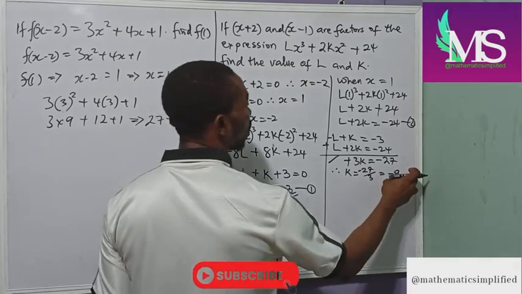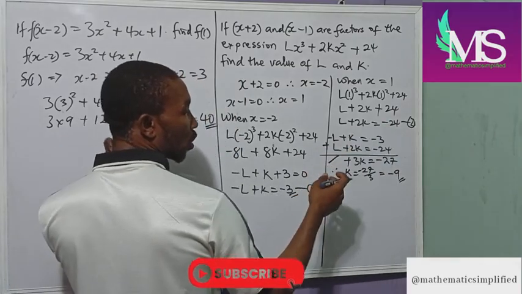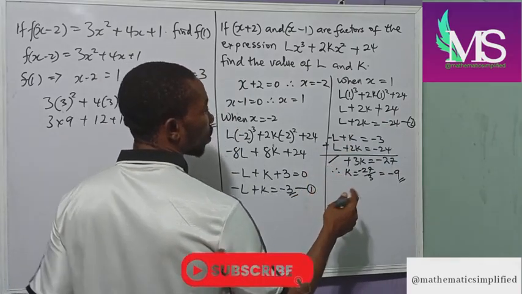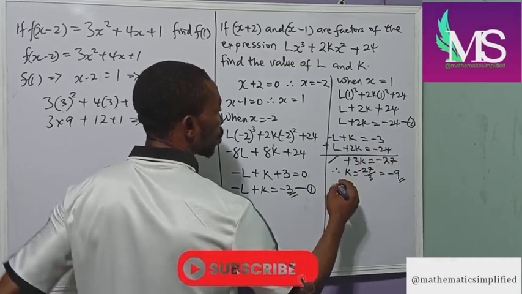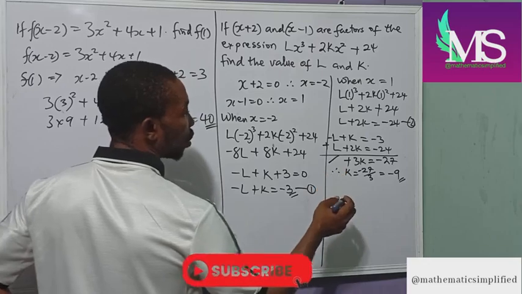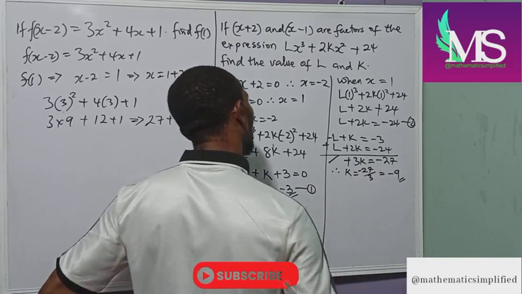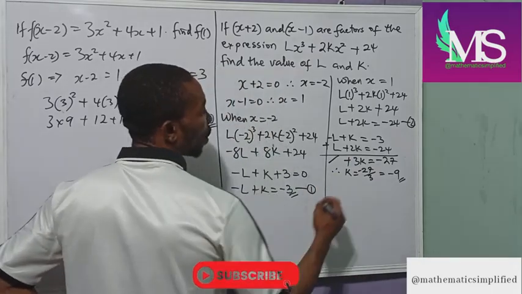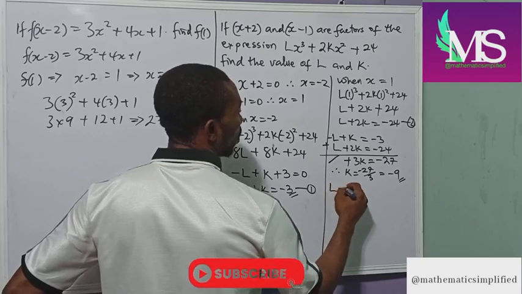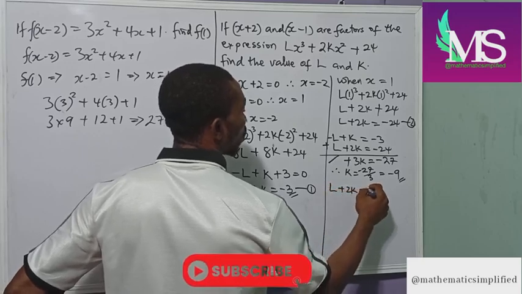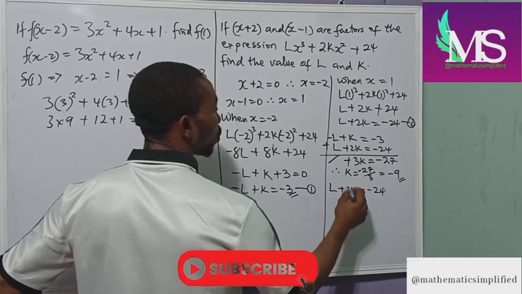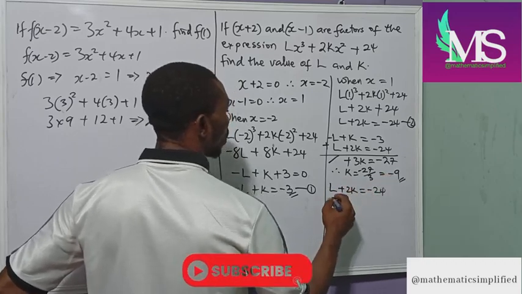Now substituting this into any of these equations. So let's go with equation 1 or 2. Alright, let's go with equation 2. So this becomes L plus 2k equals minus 24. So k is what? Minus 9.